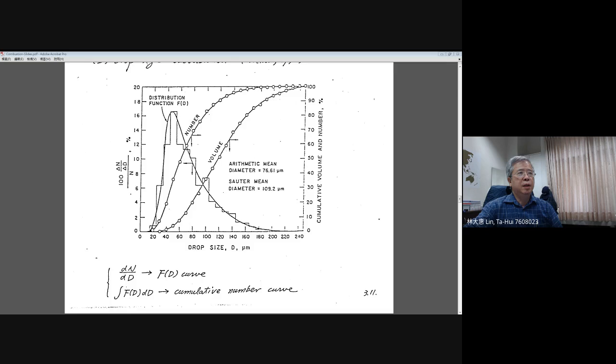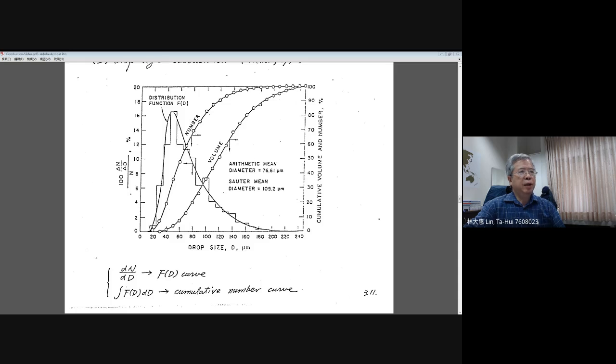You do the integration starting from around maybe 15 microns, because usually you may not have a droplet size smaller than 15 microns in this measurement. Sometimes you do have, but here, when you do the integration on the distribution function, you can count the accumulated number of the droplet size.